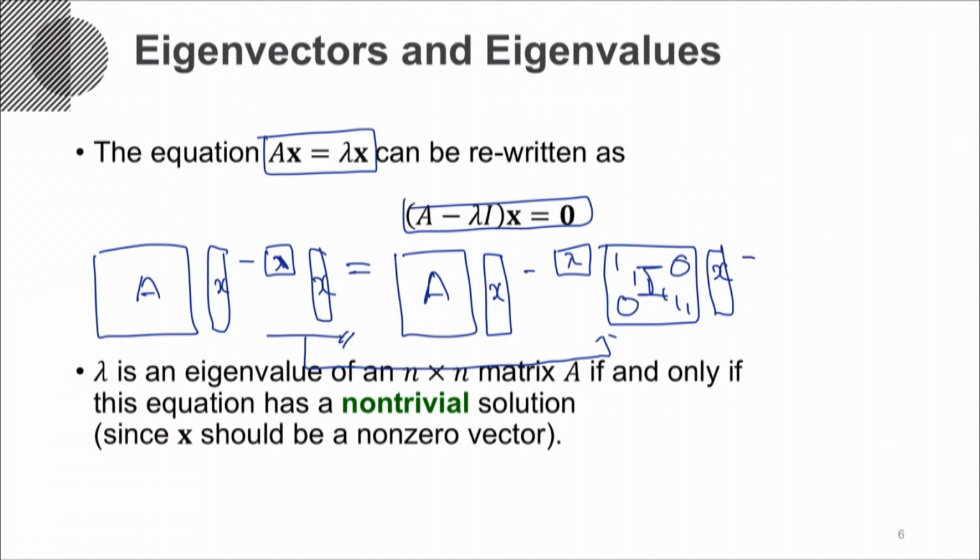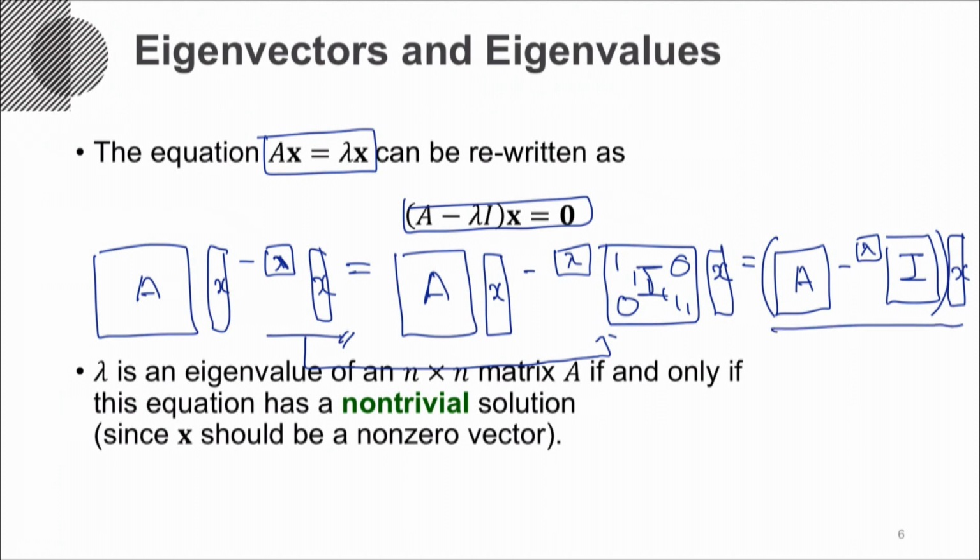Then we can factor it out as matrix A minus lambda times the identity matrix, times vector x. This should be 0, and that way we obtain this new equation.